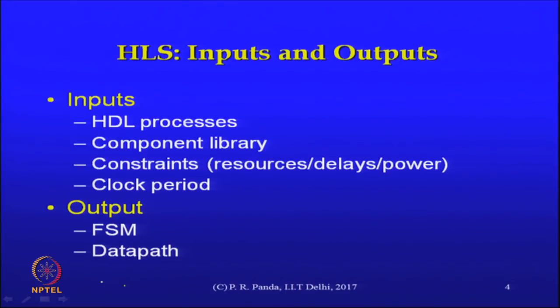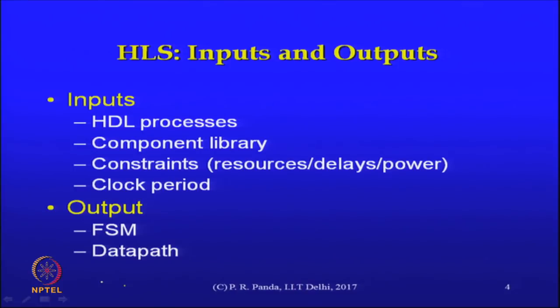So, how will it implement it? We have to provide a component library whose elements will constitute the circuit ultimately. So, that component library needs to be there. Beyond that, there are several other things we may provide, most important of which is a set of constraints. That will specify under what condition this design is occurring. So, where do these constraints come from?